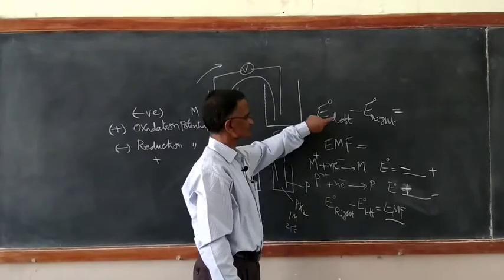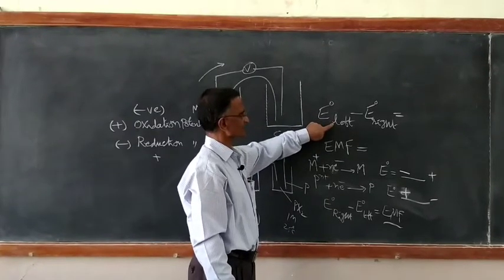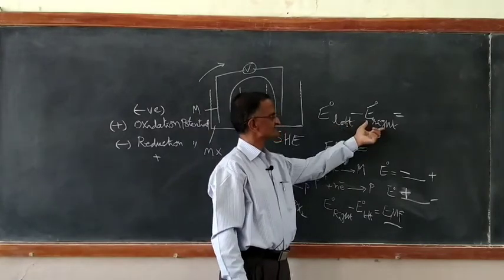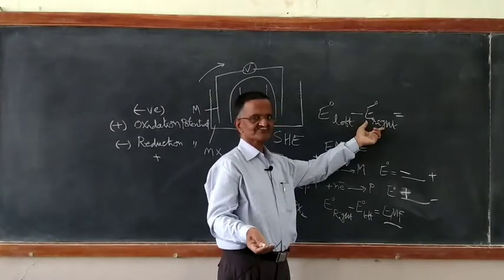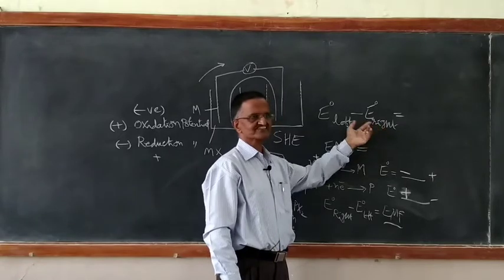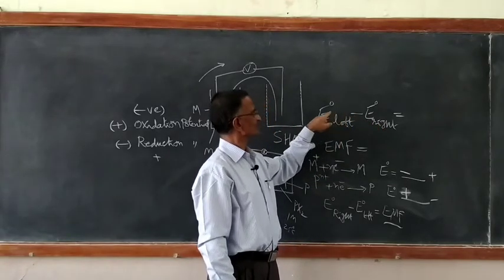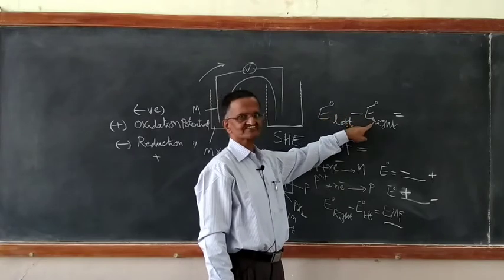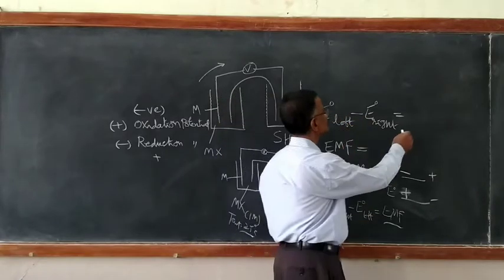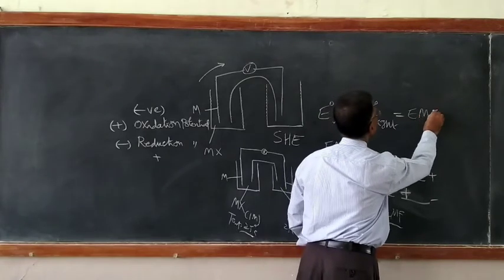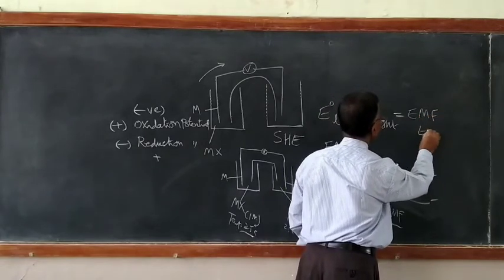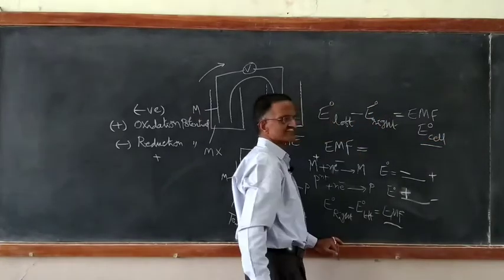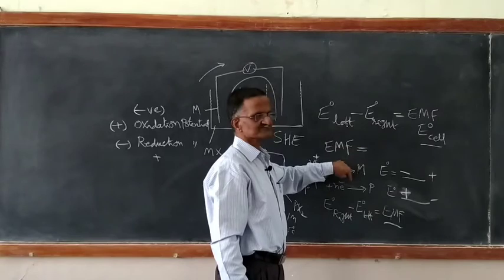Because here E naught left has the more oxidation potential value, and the right side undergoes oxidation less, that means electrons will flow from the more electropositive end to the less electropositive end. That will give me my EMF of the cell, or otherwise I say E naught cell, the standard EMF of the cell. This I can find out.